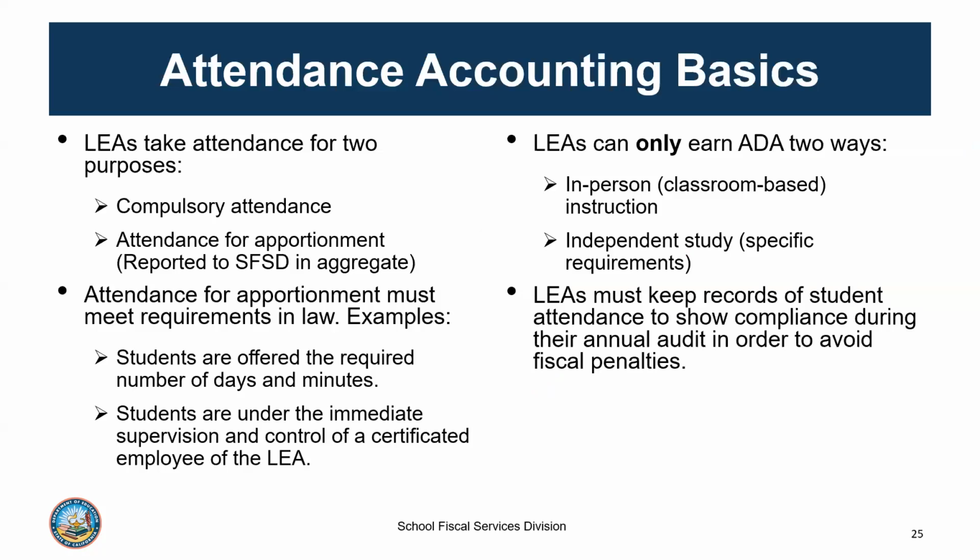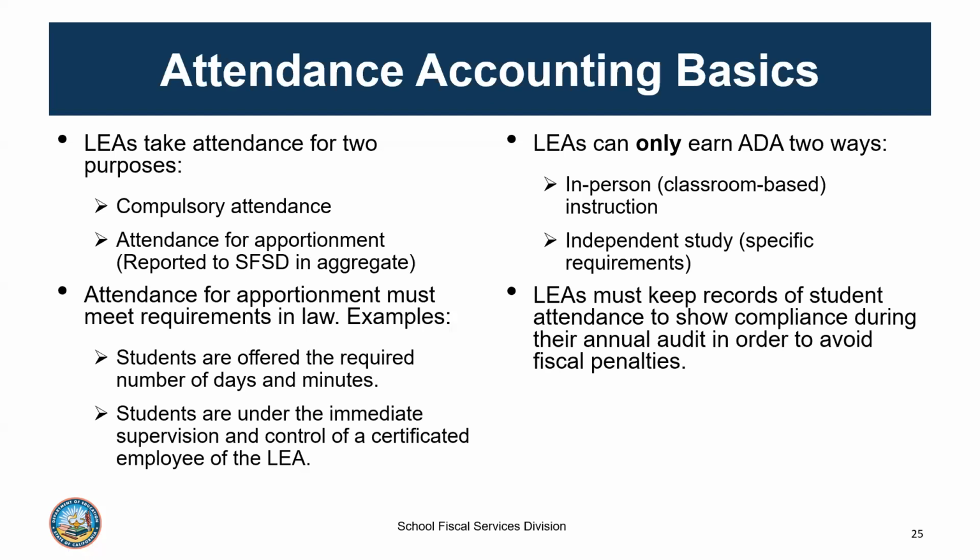LEAs take attendance for two purposes: compulsory attendance and attendance for apportionment. Attendance for apportionment must meet the requirements in law. Examples of this are when students are offered the required numbers of days and minutes, and when students are under the immediate supervision and control of a certificated employee of the LEA.